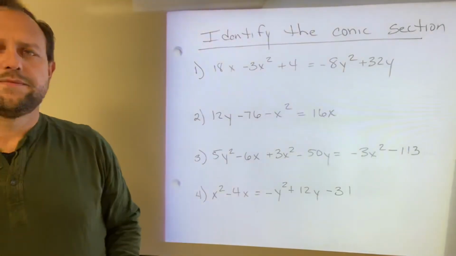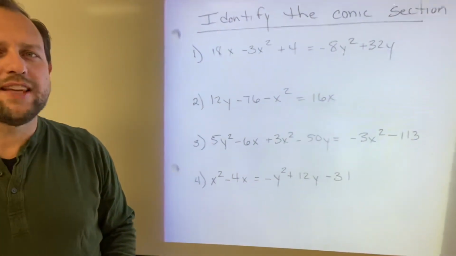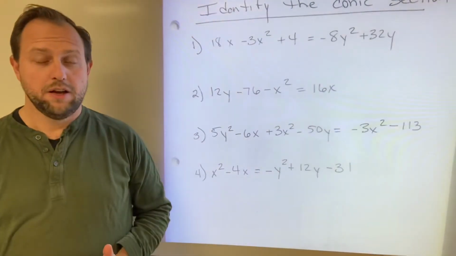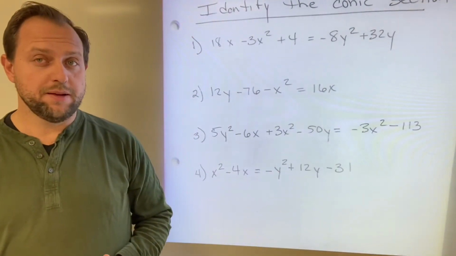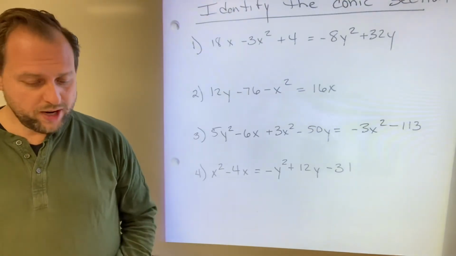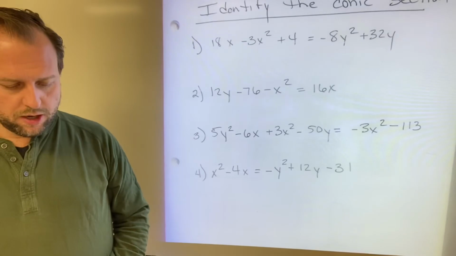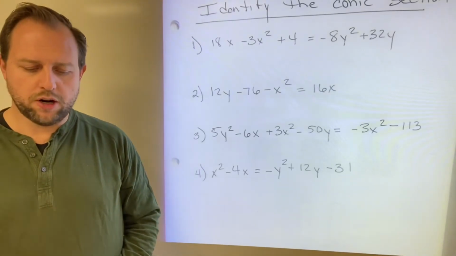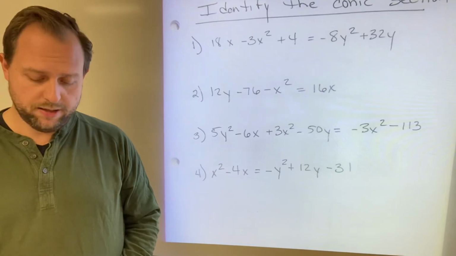Okay, how do we identify these without taking all that time to get them into standard form and say, oh, well, it's that? Well, there are some tricks we can use. The first one is we need to put the squared terms on the same side.